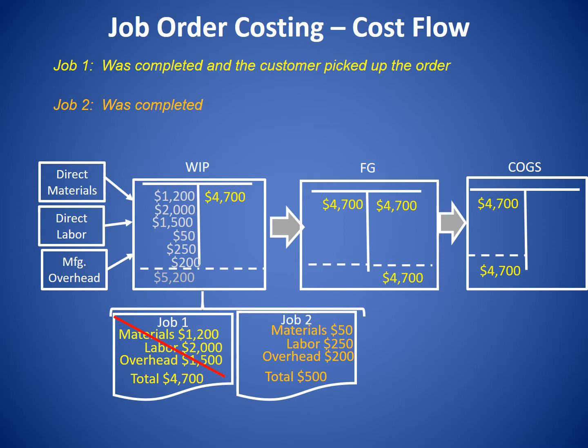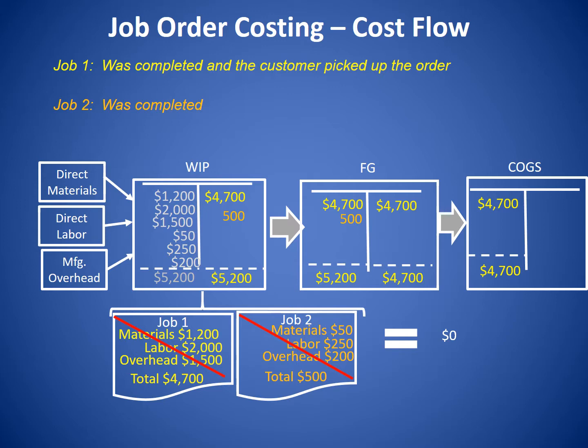Okay, job number 2 is completed, so we're going to remove that out of work in process and move it into finished goods. So we debit finished goods for the amount of the job, $500, and we credit work in process for $500. Now we no longer have any jobs in process, and you can see under work in process, the total amount of jobs in our general ledger account is equal to 0, since we have total debits and credits which equal each other.